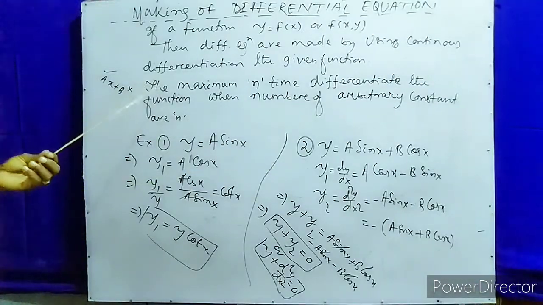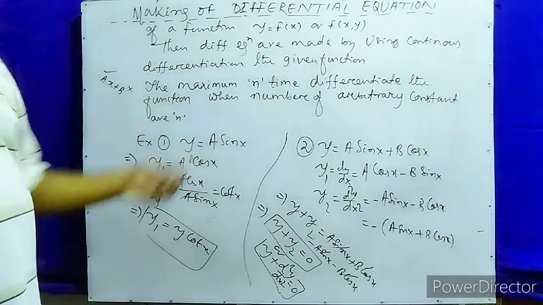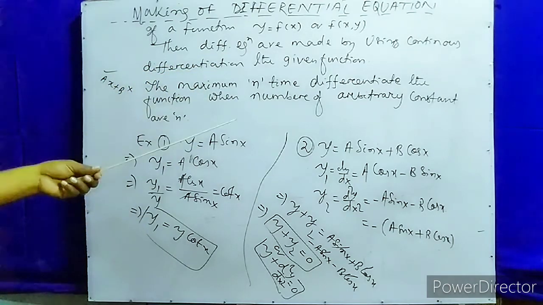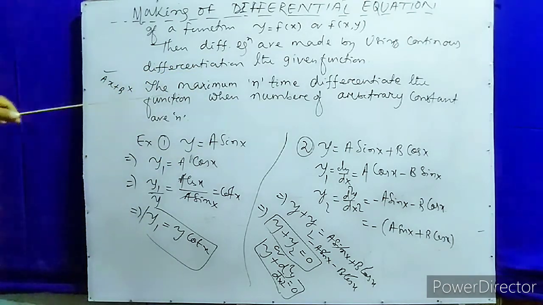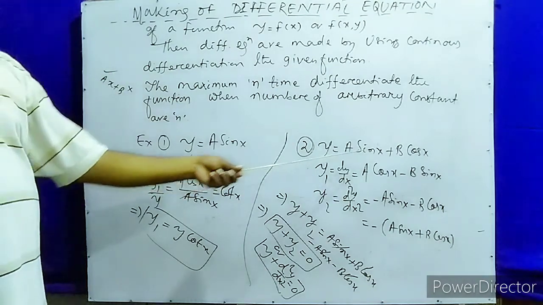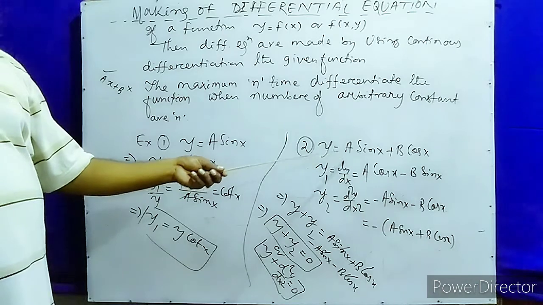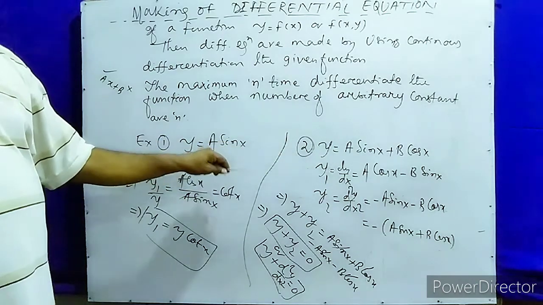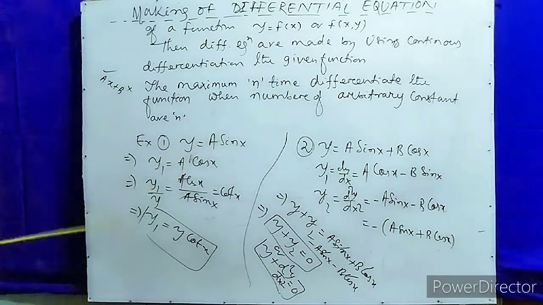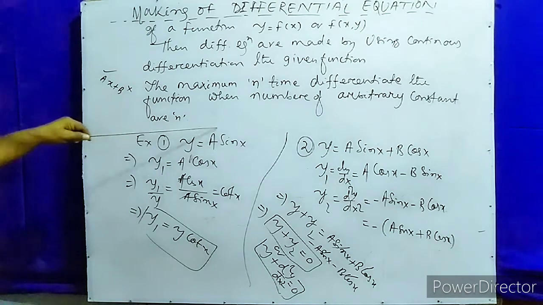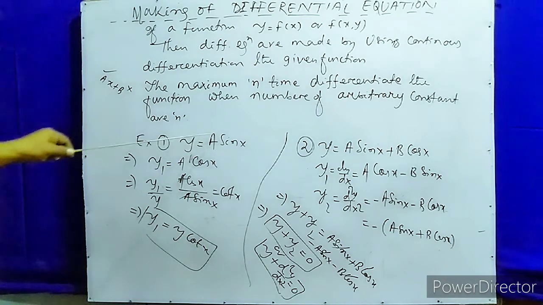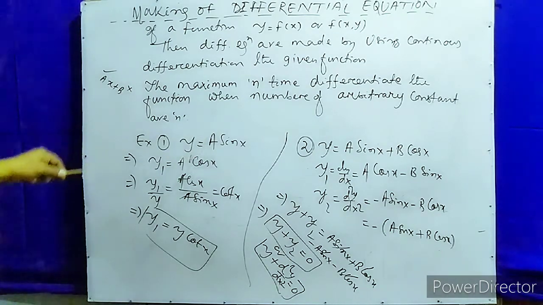For making the differential equation, we have to differentiate the given equation as many times as the number of arbitrary constants. Here the number of arbitrary constants is 2, so we have to differentiate 2 times, not more than 2 times. Here there is only one arbitrary constant, so we have to differentiate only 1 time.